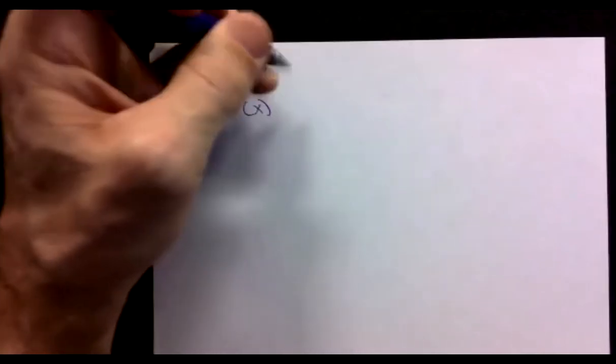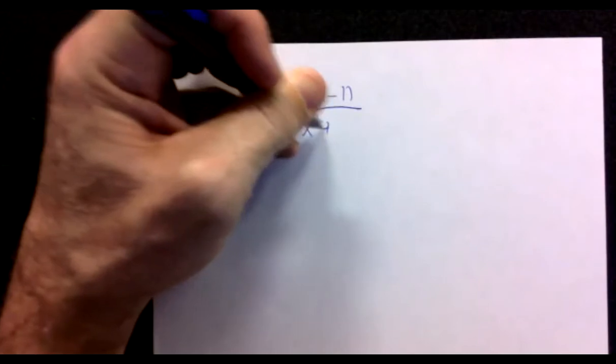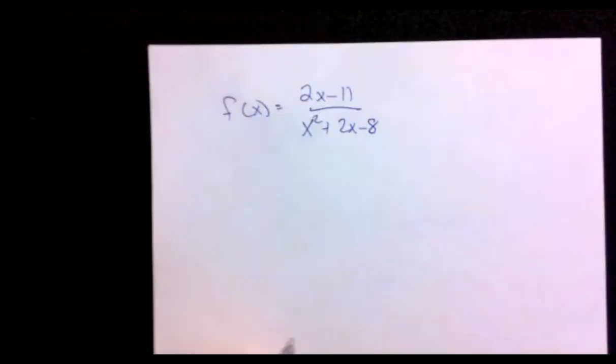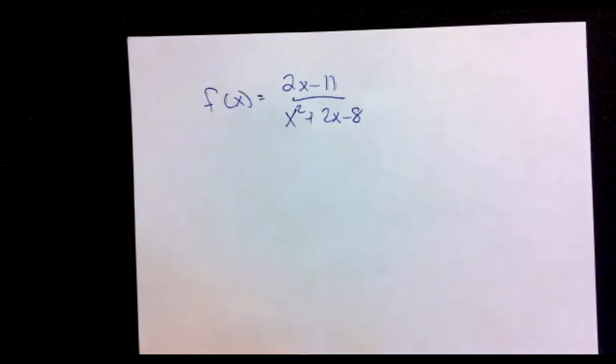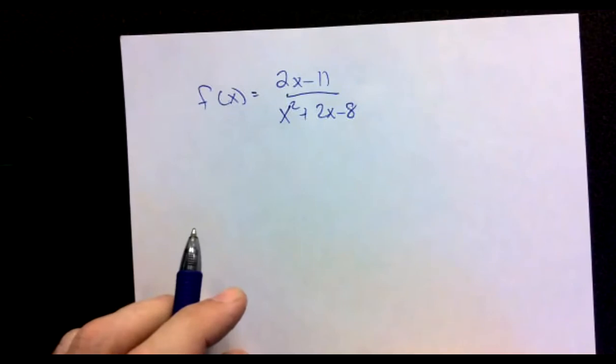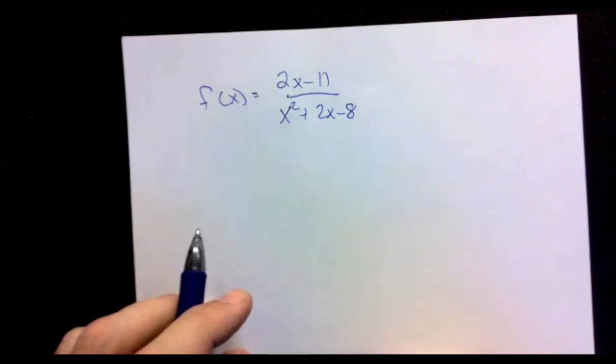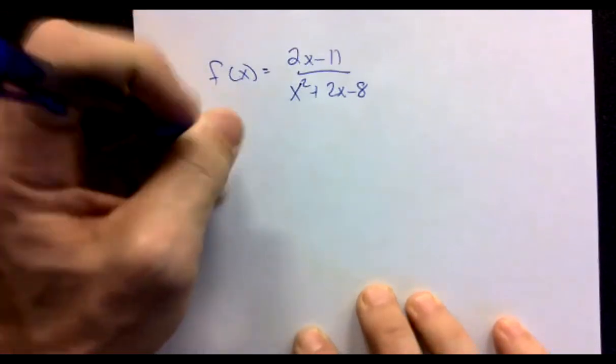Another thing to deal with for rational functions is graphing these functions. On MyMathLab, it's going to ask you to match the graph. You're not going to have to specifically graph, but you are going to need to match. So there's a couple of things they could ask you.